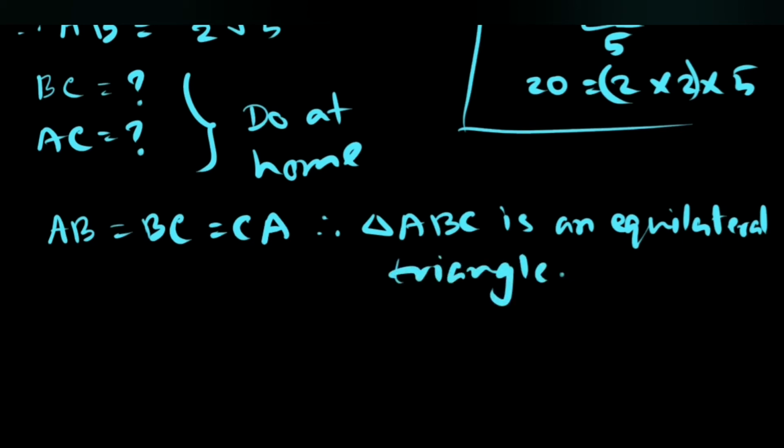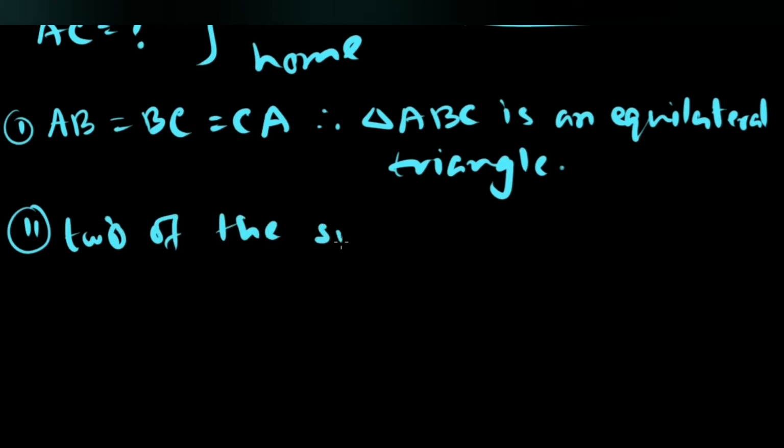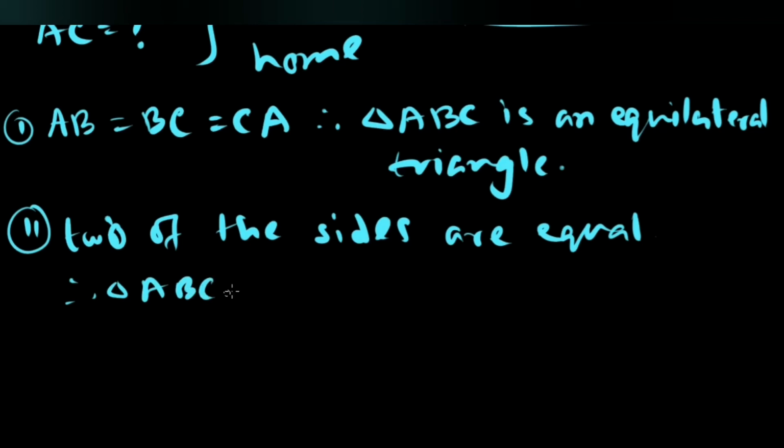If you find out any two of the sides are equal, so triangle ABC can be written as an isosceles triangle.